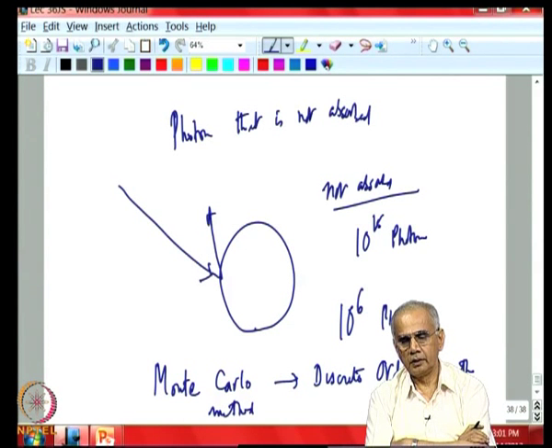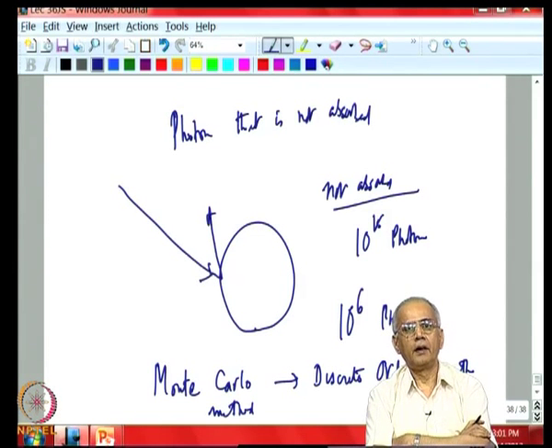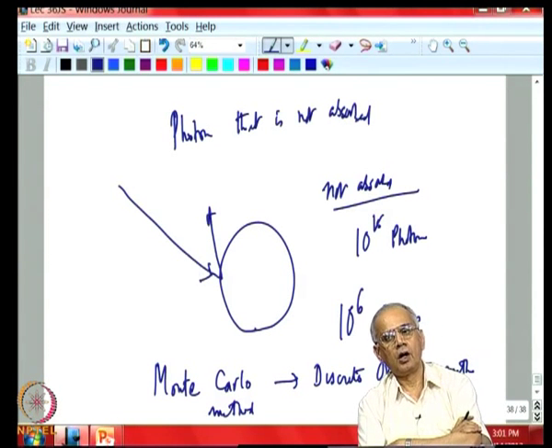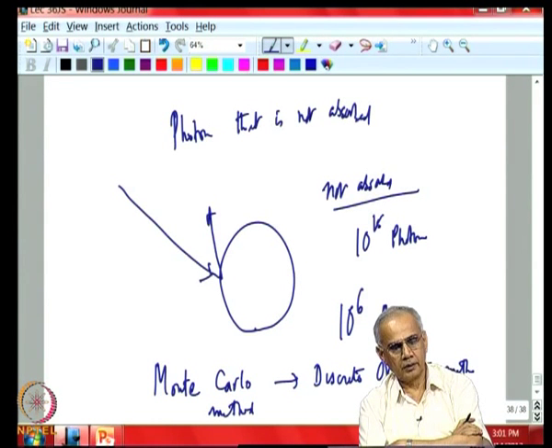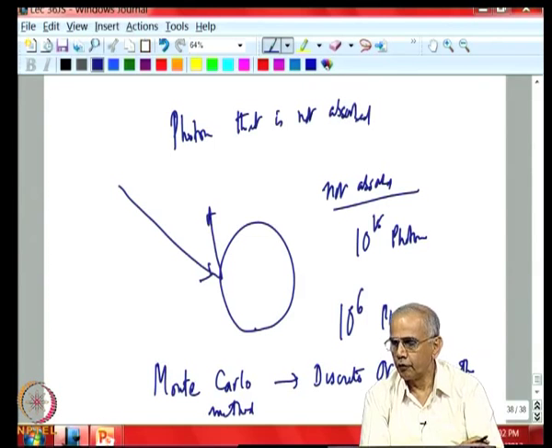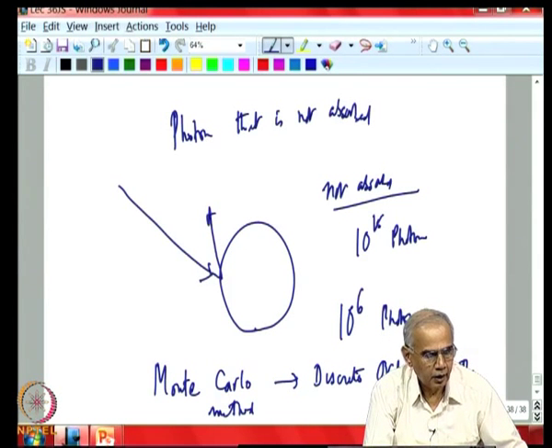But the decision to use Monte Carlo must be based on how often you have to do your simulation. Now, as pointed out earlier, the real difficulty in Monte Carlo is the need for setting up the problem for a given geometry.